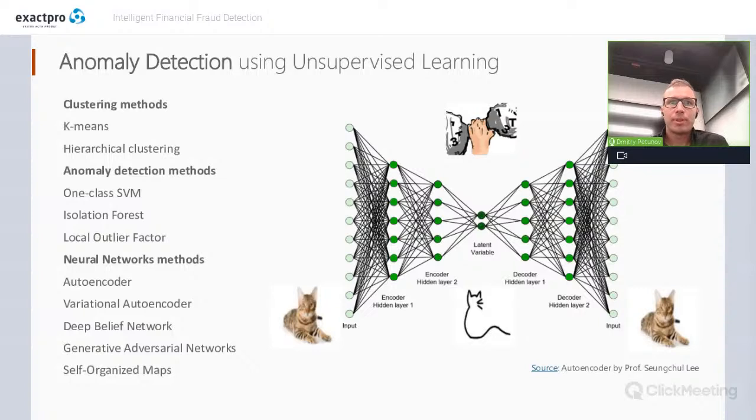On input of this type of neural network, autoencoder, we have some data, and the output of our neural network is almost the same data. It's a result of reconstruction of our input. In the middle of the neural network, we have some latent representation. You see on the picture some hand-drawn cat.